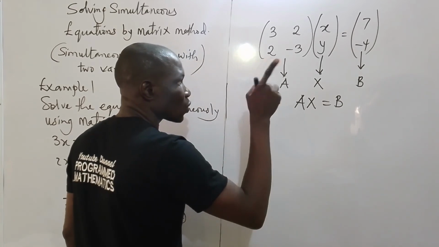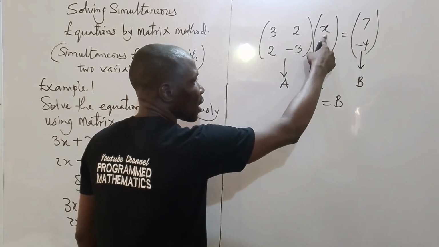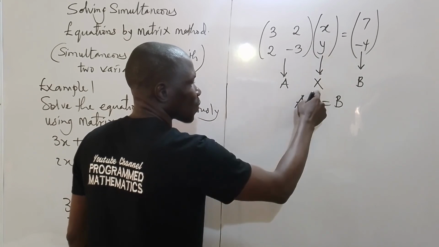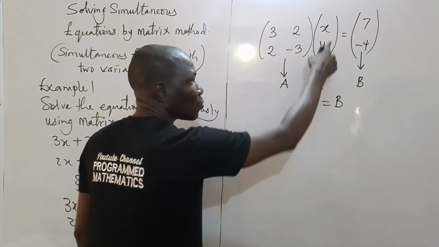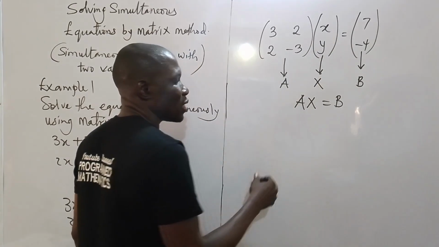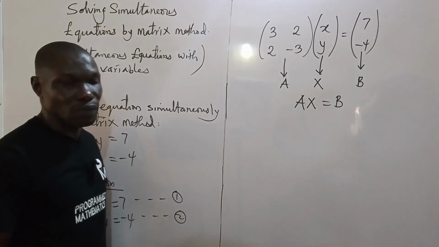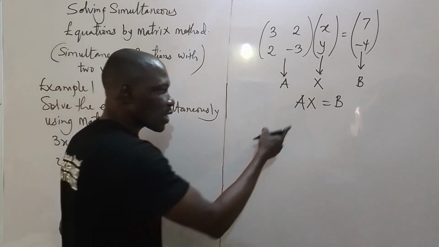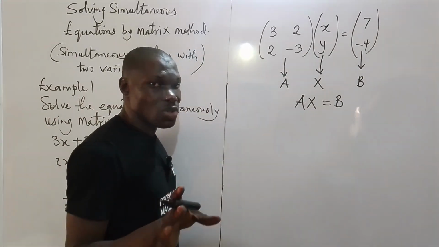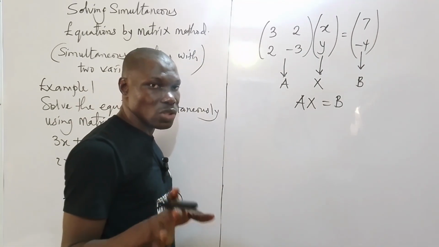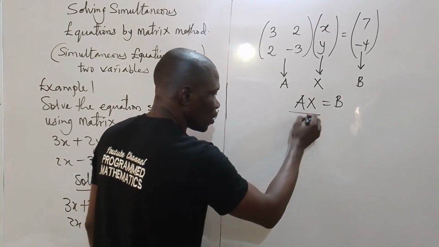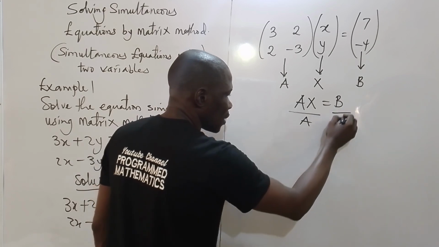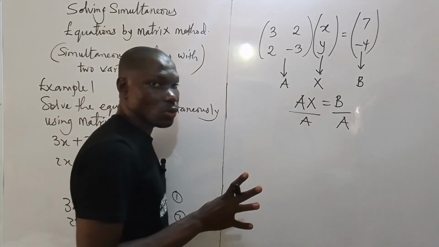The matrix we want to find is this matrix X. If we are able to get matrix X, we know what x is, then we know what y is, and the problem is solved. So how do we get this? In a normal mathematical equation, to find x from here, we divide both sides by A, which is not wrong.